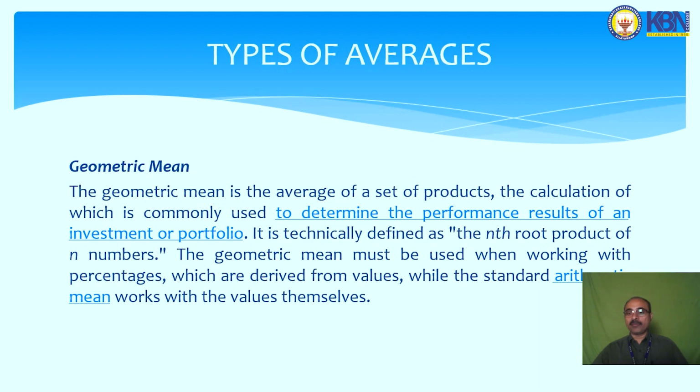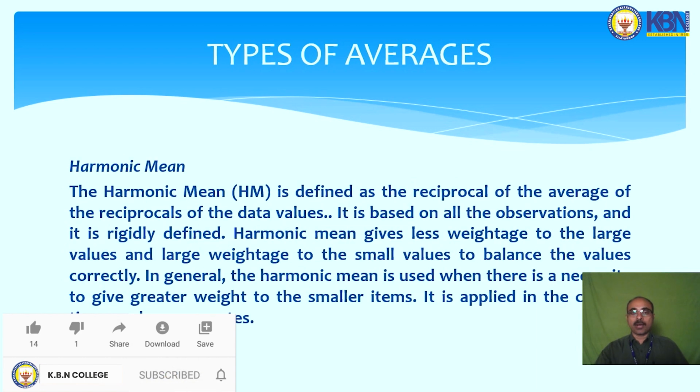It is technically defined as the nth root of the product of n numbers. The geometric mean must be used when working with percentages, which are derived from values, whereas the standard arithmetic mean works with the values themselves. That is one of the things about the geometric mean.